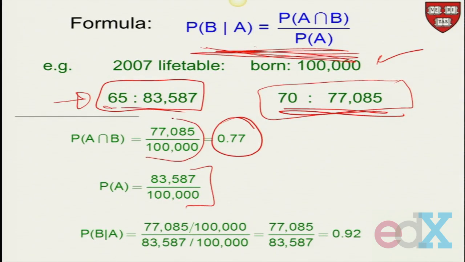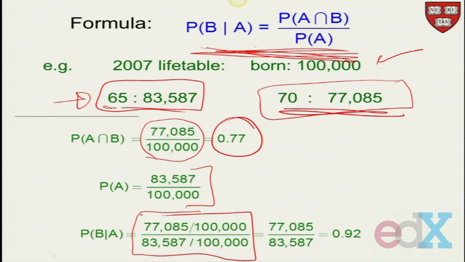There it is. So now we've got all the ingredients, and we can use the formula for the conditional probability, take the ratio of those two, and there it is, 0.92. So 92%, or the probability is 0.92, that a 65-year-old will reach age 70.